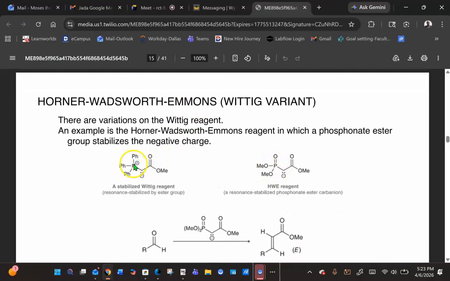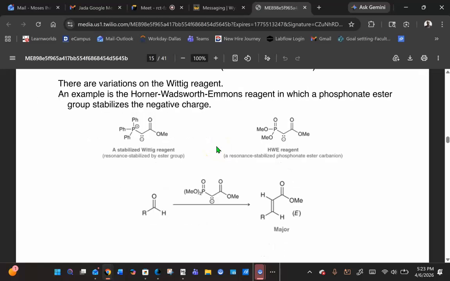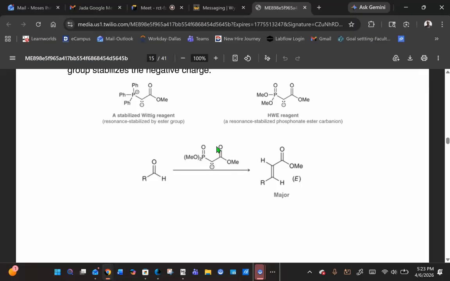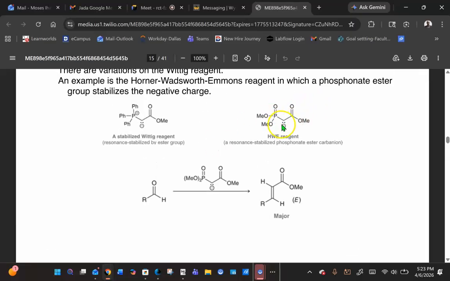So instead of PPh3, they put methoxy, and then a phosphorus oxide. They just call it a phosphate ester. But still, you see there's resonance.